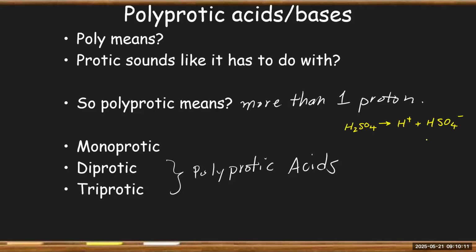But if that were to happen, then you would end up with this, and it would now have to give up yet another proton, and then it would be SO4 to the minus 2, right? All right, now think about this.